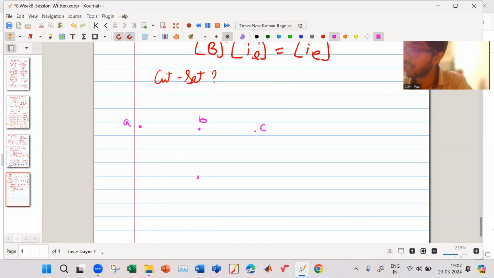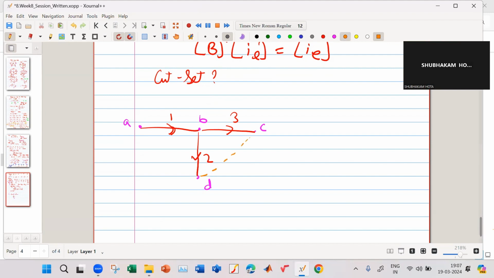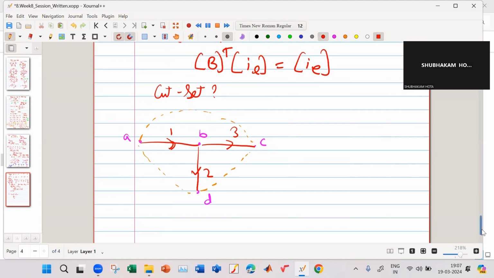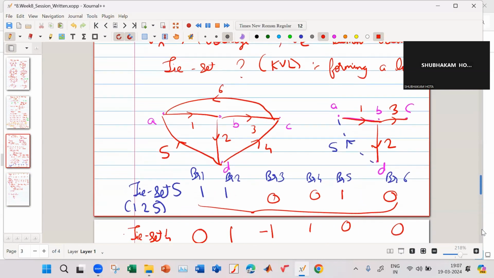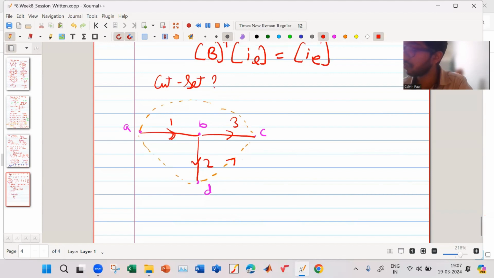A, B, C, D. Branches 4, 5, 6 in this direction. So now, if I want to make a cut set, where should I cut?